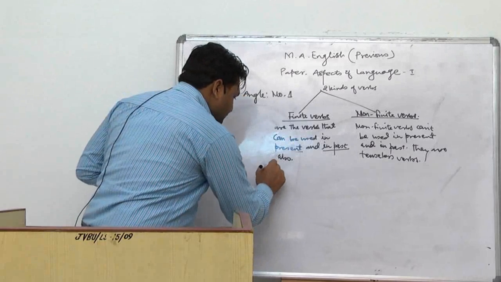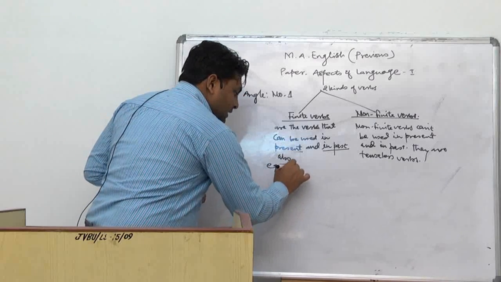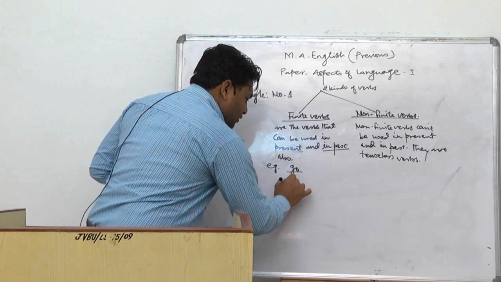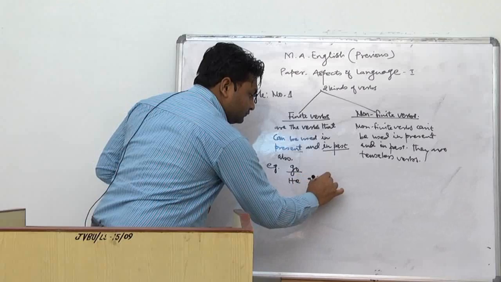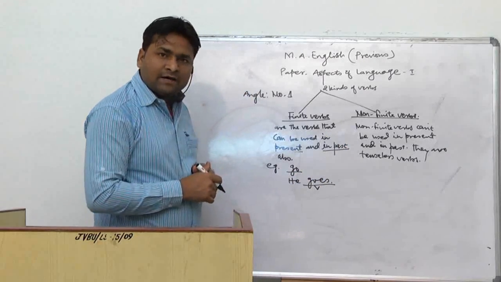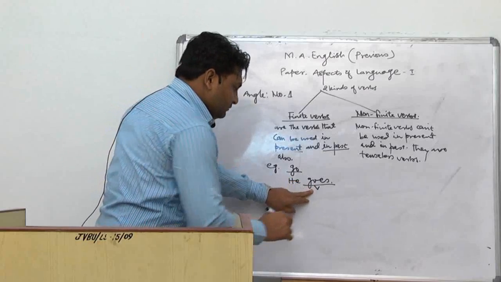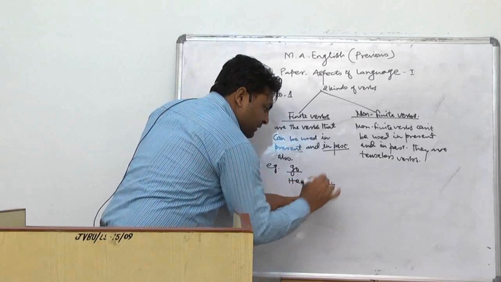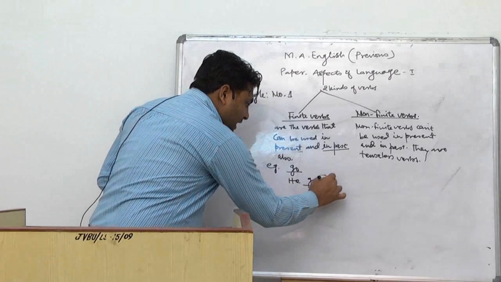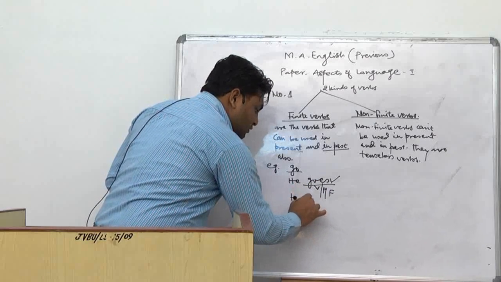For example, you can see go. He goes. Now this is a verb. This is a verb in present and it is a finite verb. It can be changed into past also.